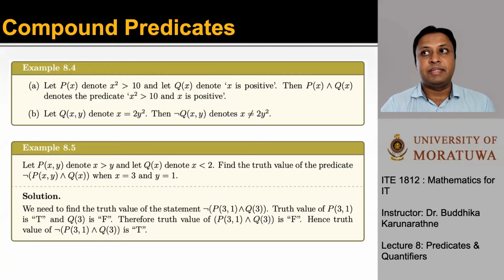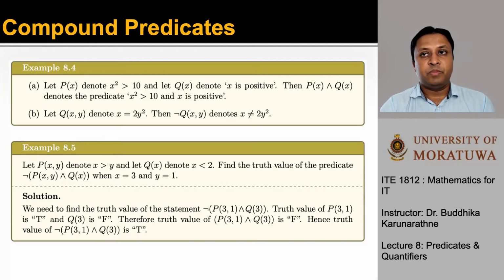So we have a combination, or compound predicate. Example B, let Q(x,y) denote x is equal to 2y squared. Then the negation of Q(x,y) denotes x is not equal to 2y squared. So those are examples of compound predicates.